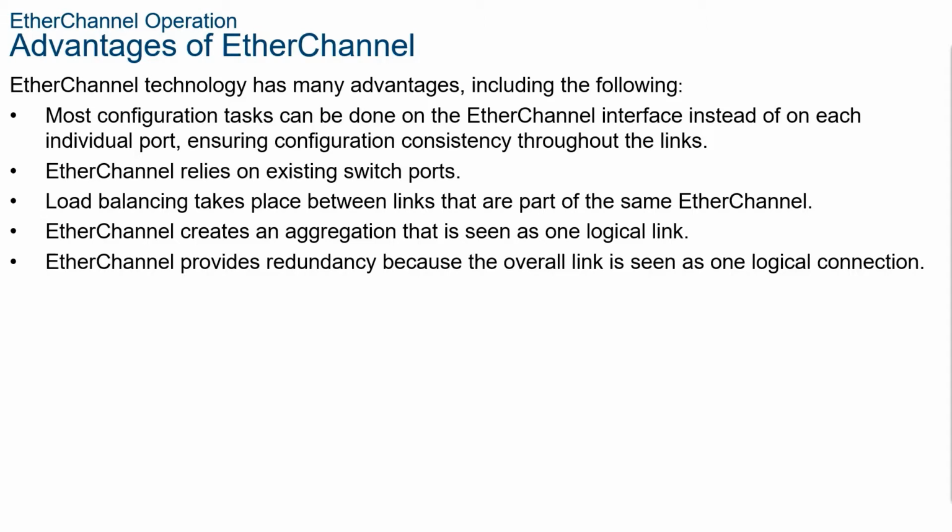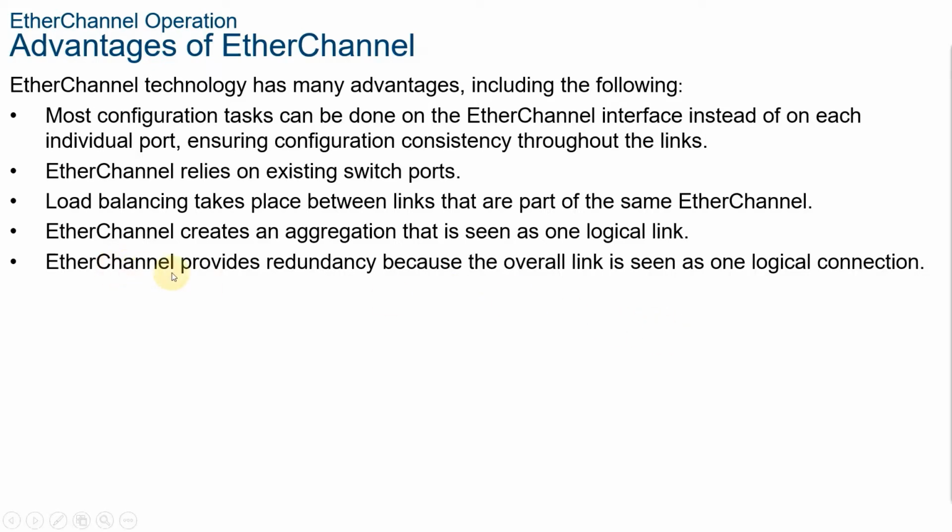When STP blocks one of the redundant links, it blocks the entire EtherChannel. So this blocks all the ports belonging to that EtherChannel link. Where there is only one EtherChannel link, all physical links in the EtherChannel are active because STP sees only one logical link.